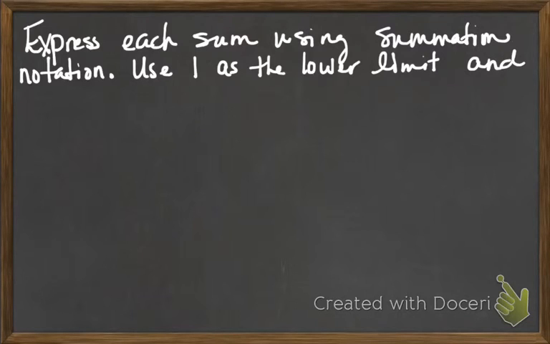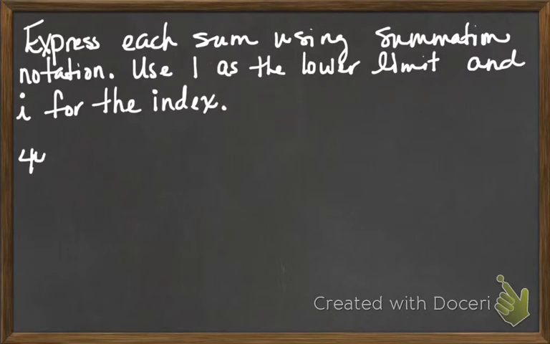It doesn't mean it's a radical, but it says use I for the index. In this material, that's just the variable that you start with on your lower limit. So you could use I, you could use X, but they're telling you to use I, so they're giving you some little restrictions here. So we'll start off with an easier one.